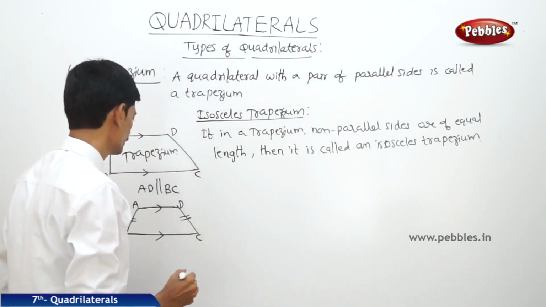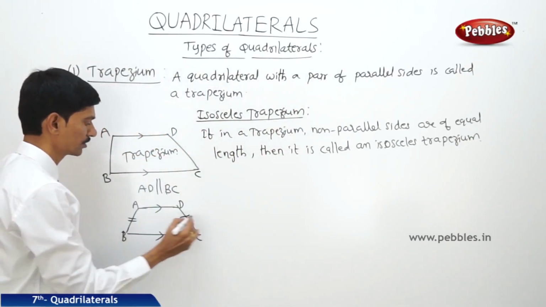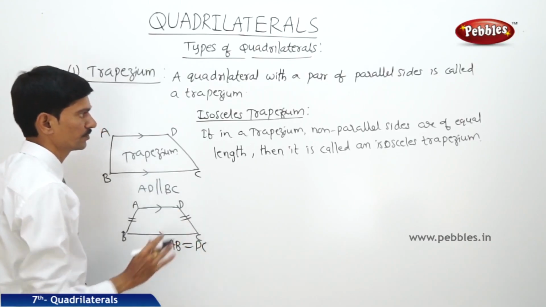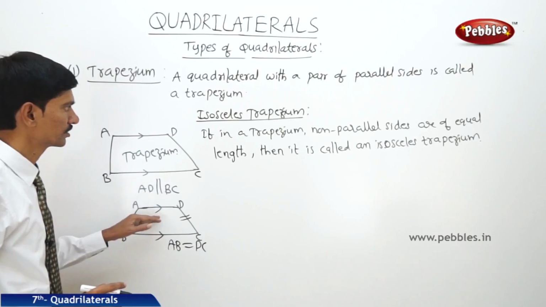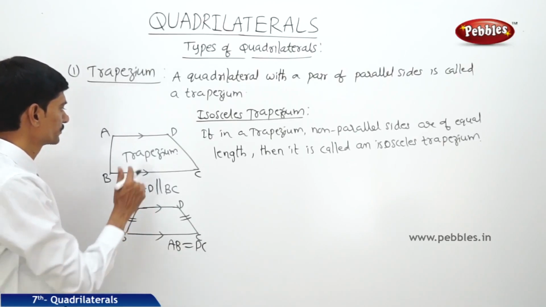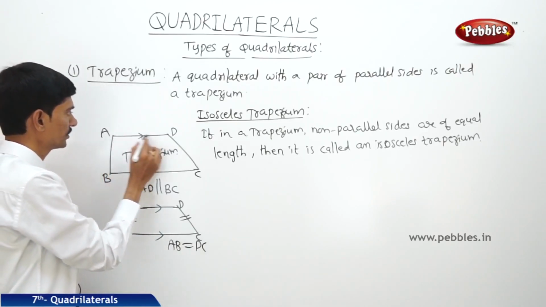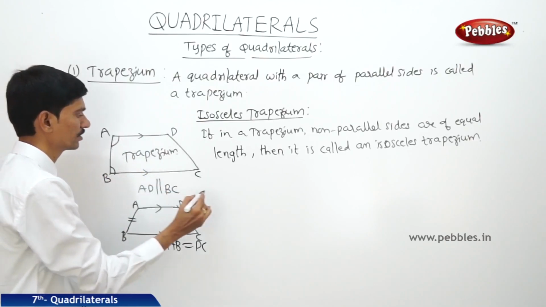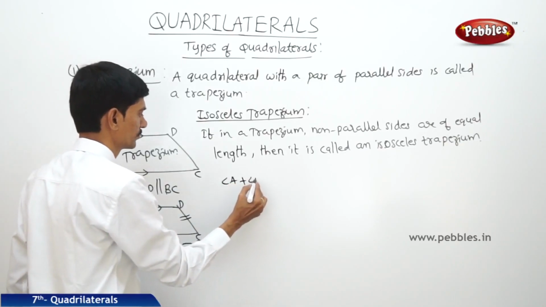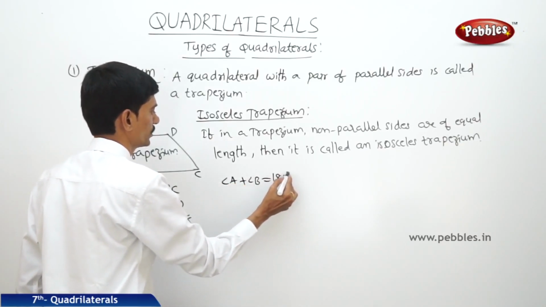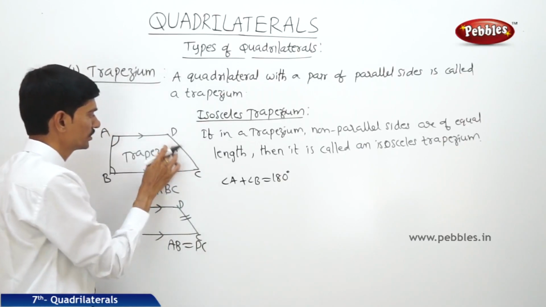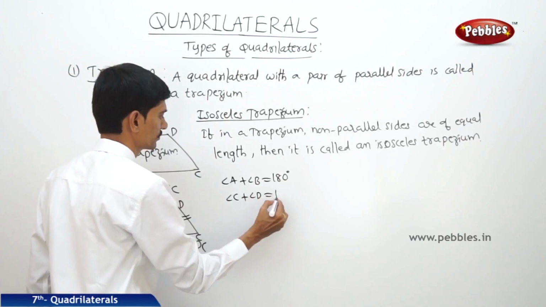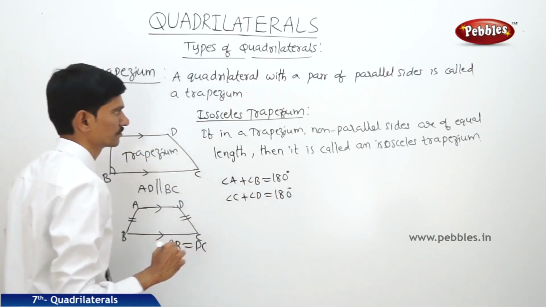If the non-parallel sides are of equal length, so here AB equals DC, such trapezium is called an isosceles trapezium. Now in a trapezium, if the sides AD and BC are parallel, then angle A plus angle B equals 180 degrees, because they are co-interior angles, and angle C plus angle D also equals 180 degrees.